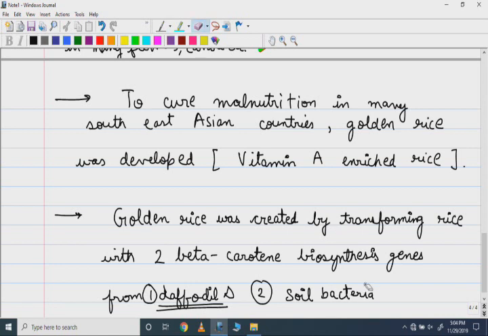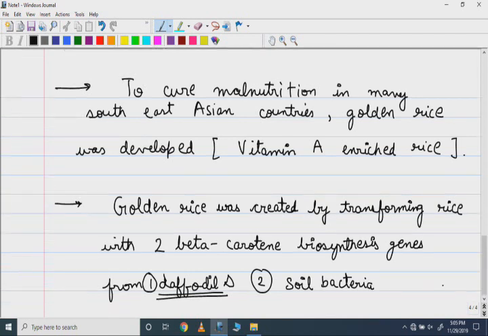Because in NEET 2019 the question came from daffodil. In NEET 2020 or 21, I am not sure which year, most probably this year, they can also ask that there were 2 genes, where is the other gene obtained from? So the 2 biosynthesis genes, the first was obtained from daffodil, the other gene was obtained from Erwinia uredovora.